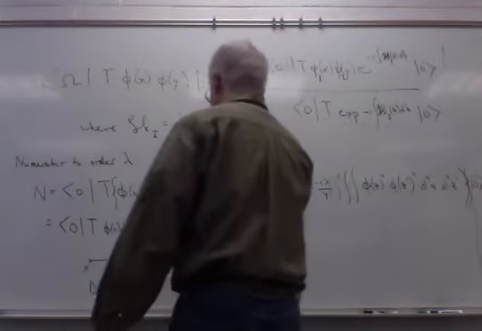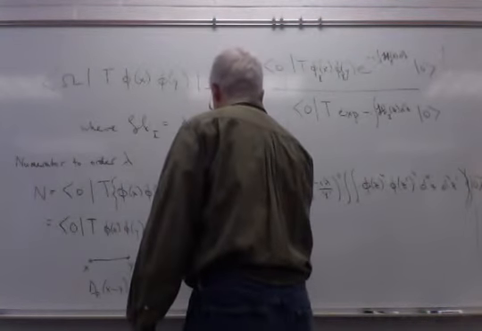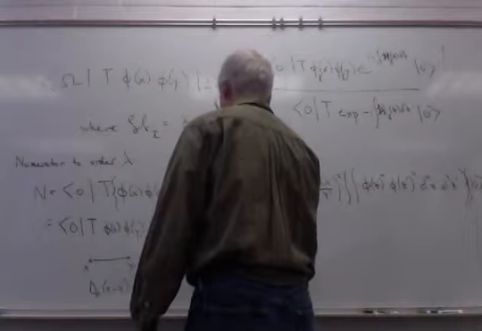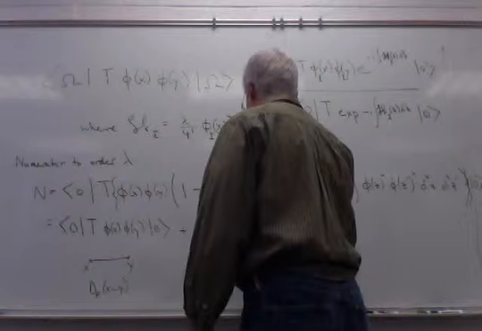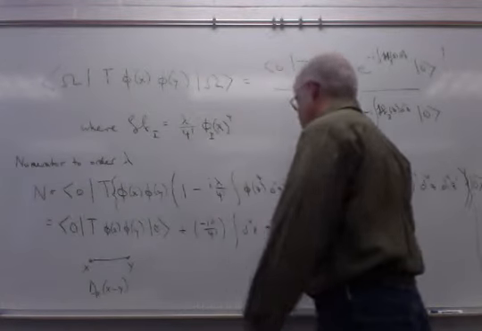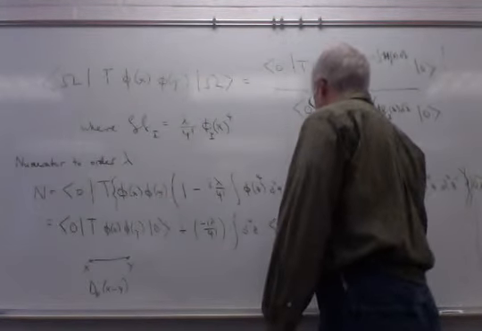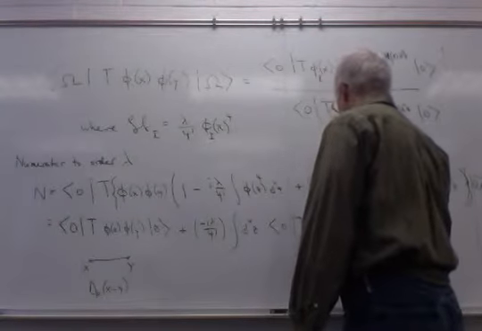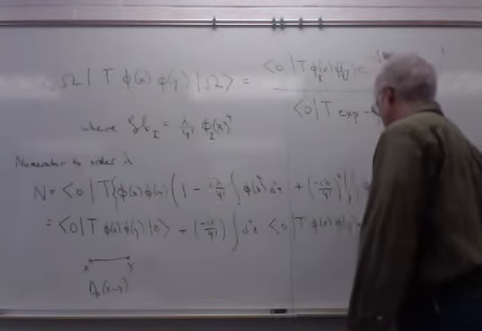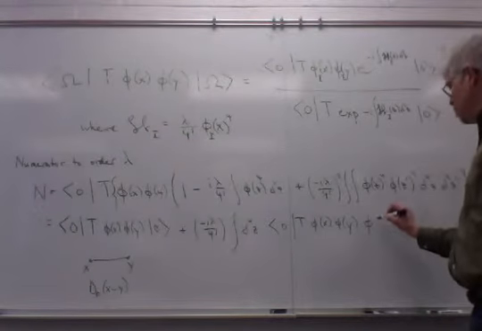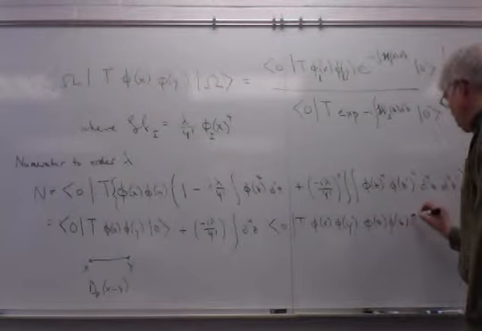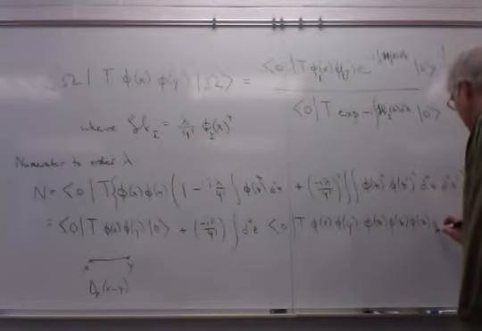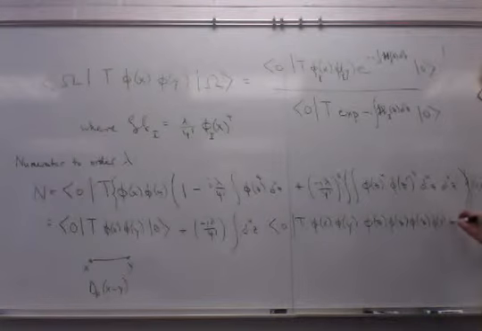Now the next term looks like this. I'm going to pull the integral over d4z out in front. And I'm going to take phi z to the fourth power, and I'm going to be very pedantic and write it out as four factors of phi of z. And I'll ignore the other stuff.